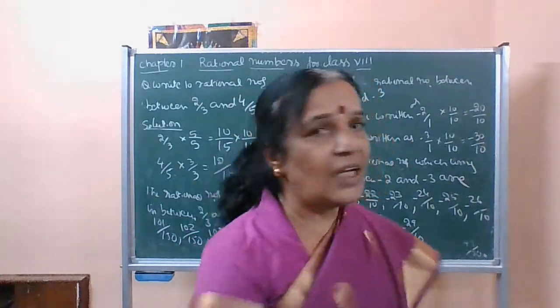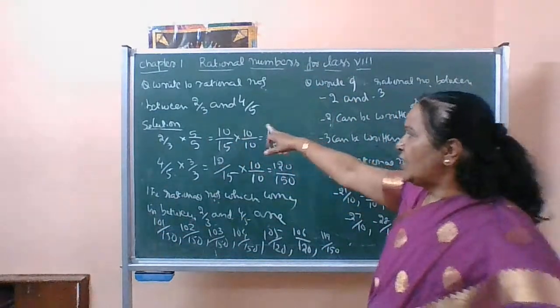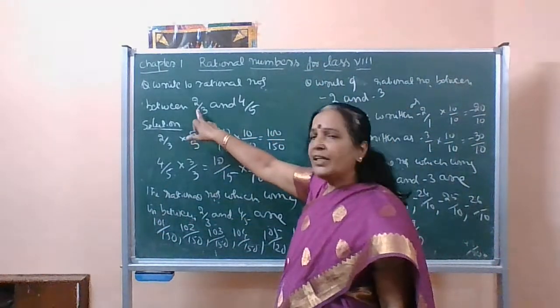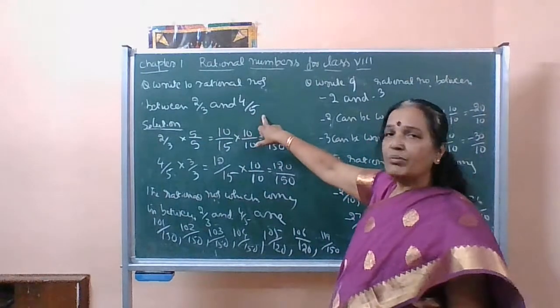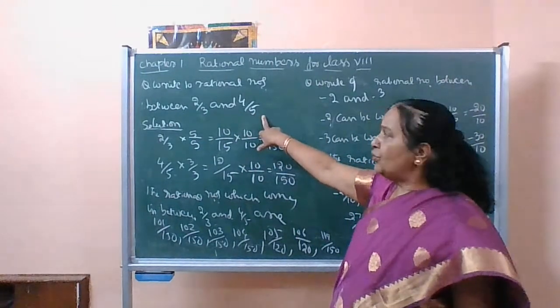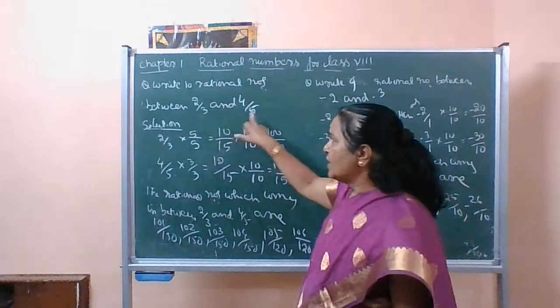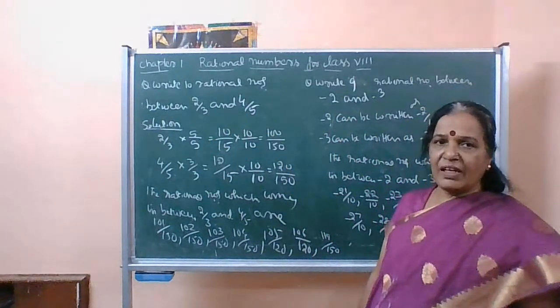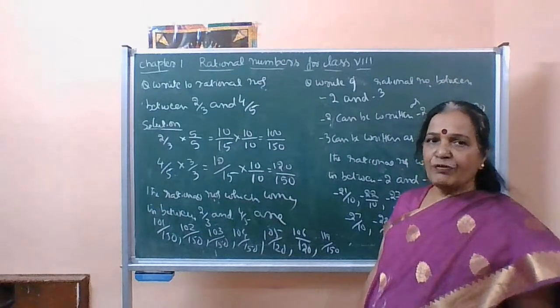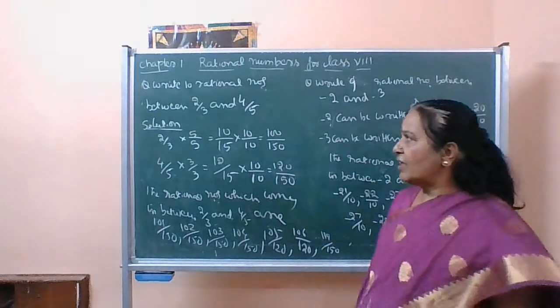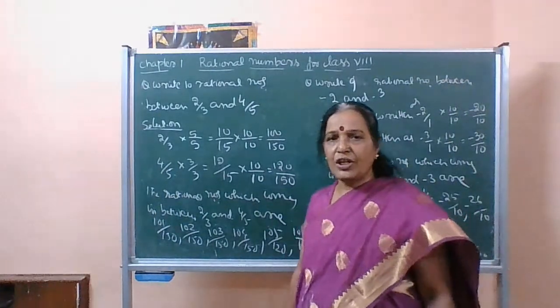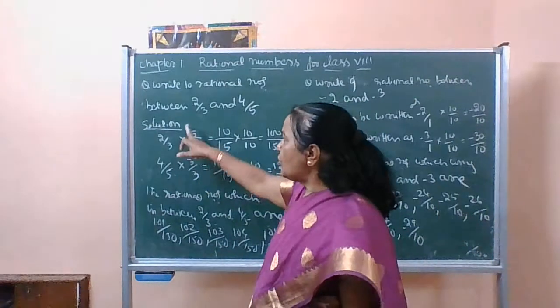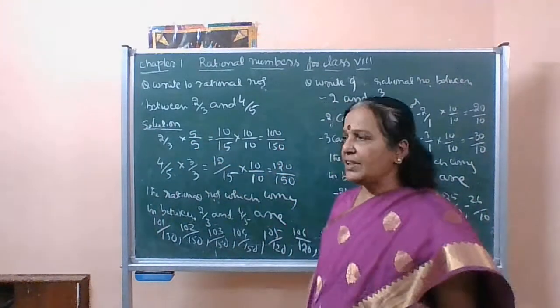Like means, here the denominator was 3, and here the denominator was 5. What did you do to make both the denominators same? You have learnt already while finding equivalent fractions. You have multiplied both numerator and denominator by the same number.